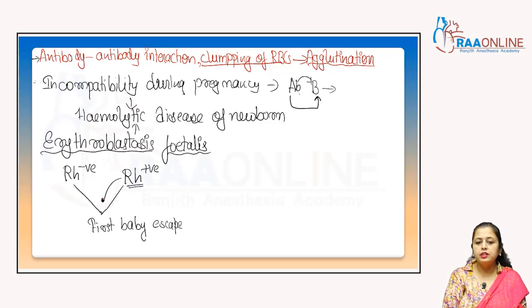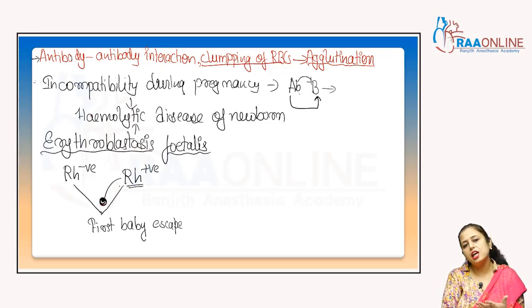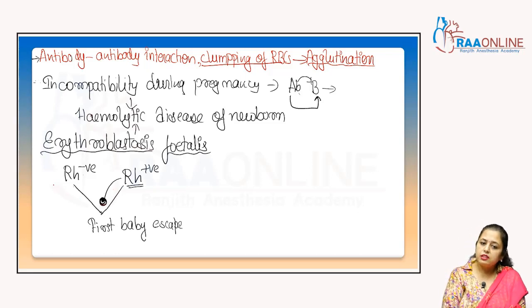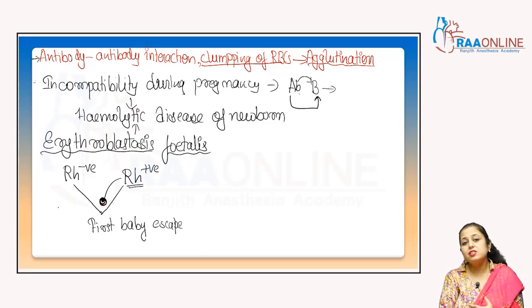So what will happen? Within 1 month of the postpartum period, antibodies are formed against the Rh positive in the mother's body. And when that female conceives a second child, and that second child is also Rh positive, what will happen?